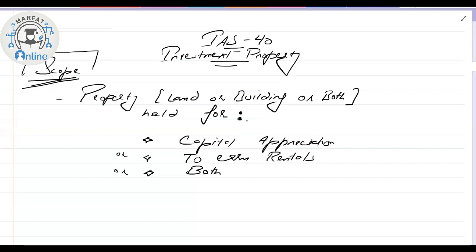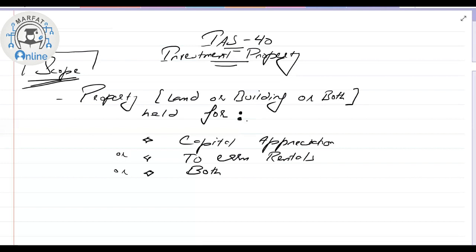In that case, those properties are generating revenue in the ordinary course of business, and that will come under IAS-16. When we are talking about rentals here, that means we have some surplus properties and we do not have any rental business and we have given them on rent. In that case we will be classifying this under IAS-40.